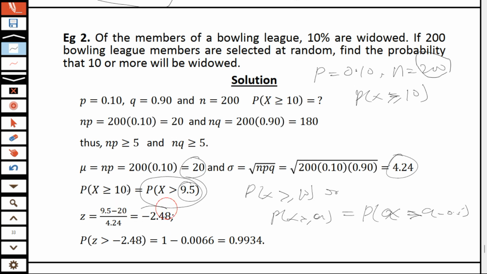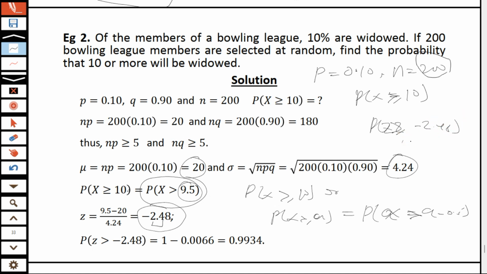Right? This will be on the negative z table. So you just go locate the first two digits on the row and the last digit at the column. Where they meet will be the probability. But note, this one was greater than: the probability that our z is greater than or equal to negative 2.48.